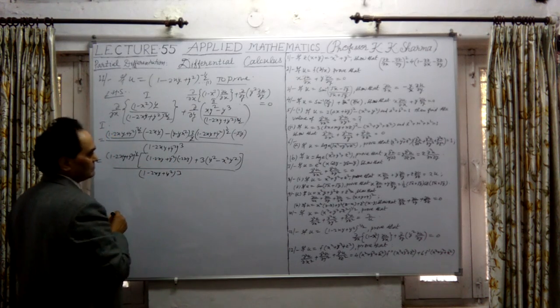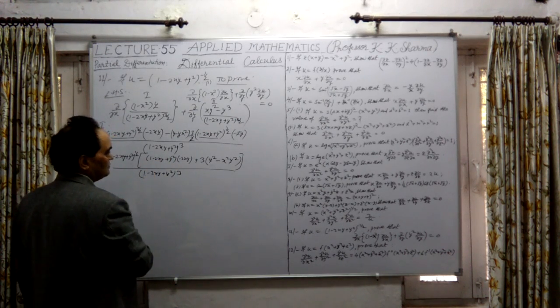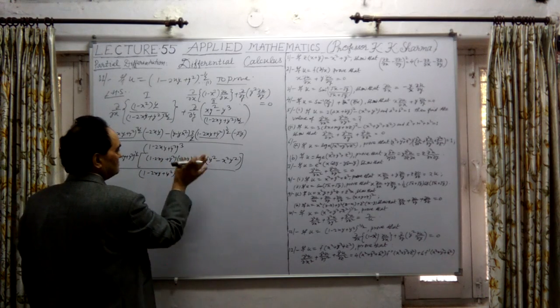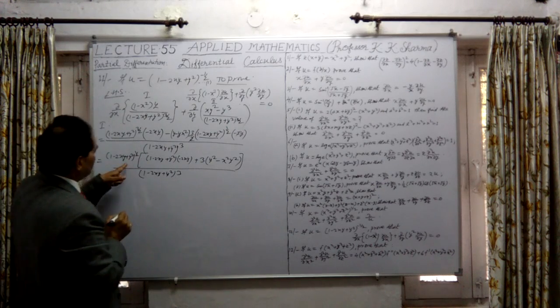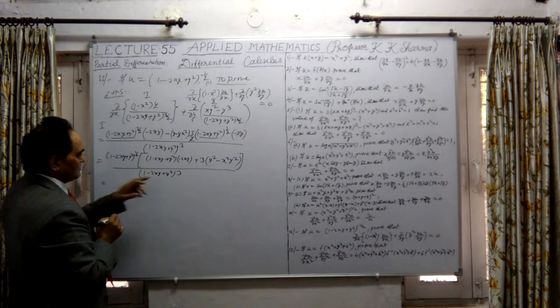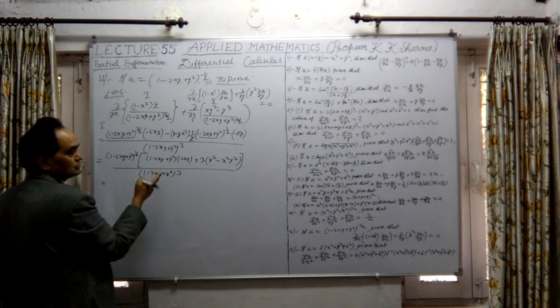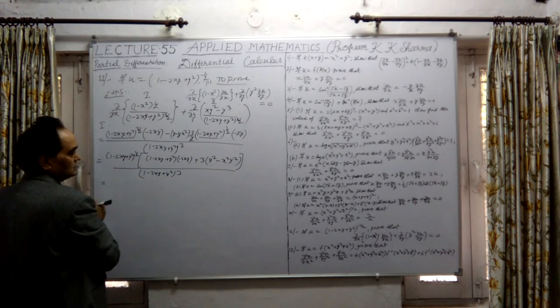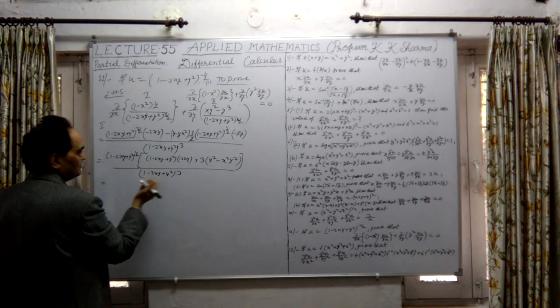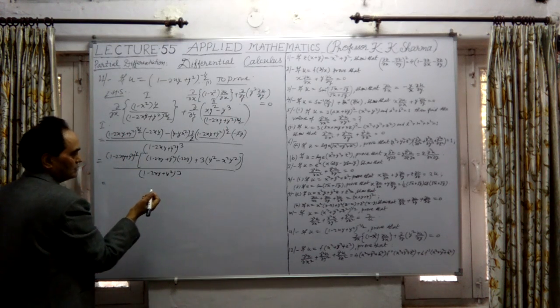So this is the first part we are solving. Let me further multiply and check whether something is cancelled out. Here this power will come in the denominator. 3 minus half means 5 by 2, that means 2 and half left over.